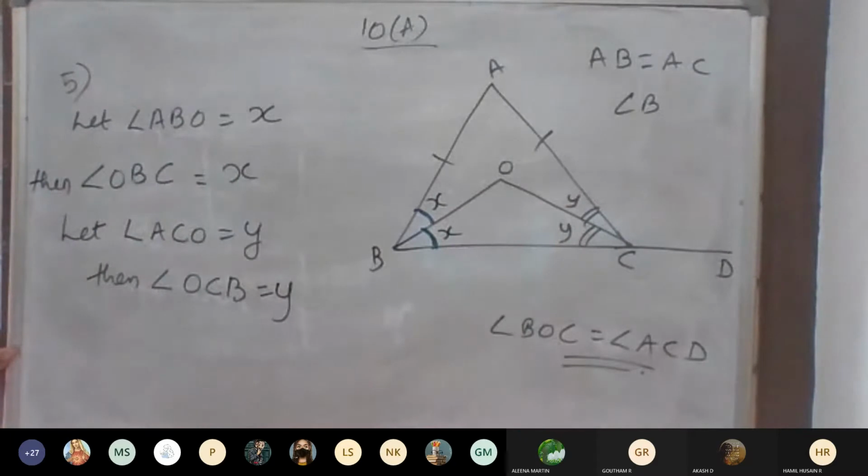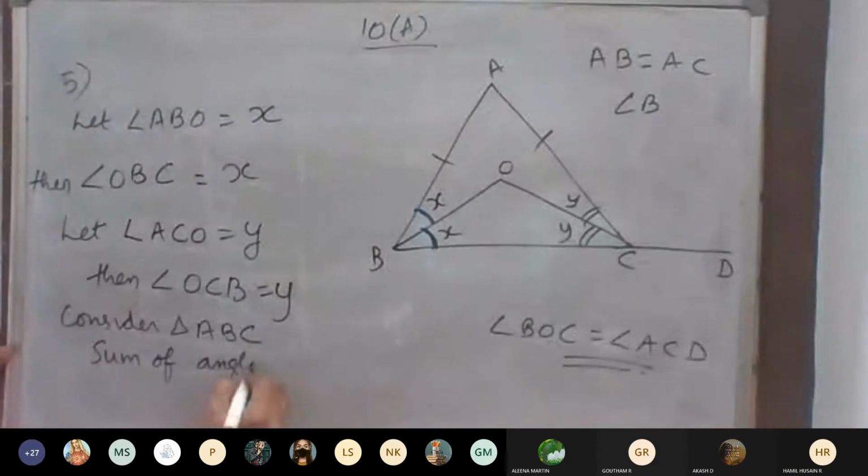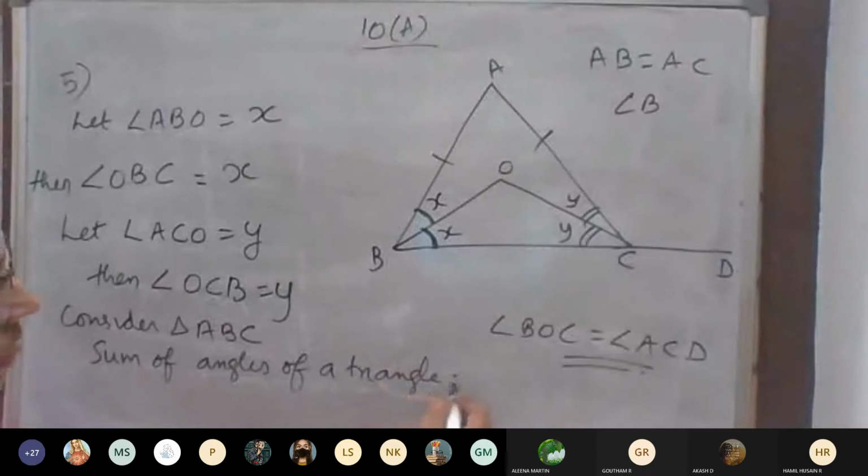Then consider triangle ABC. Sum of angles of a triangle is equal to 180 degrees.